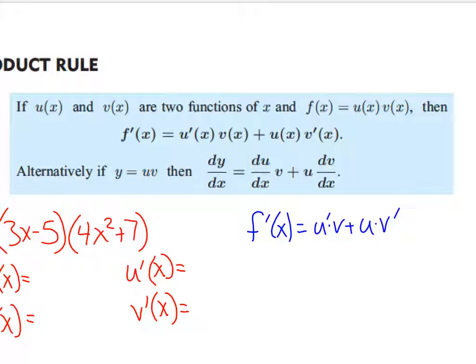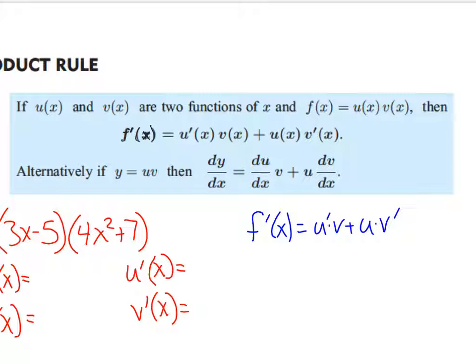And what this is saying is that the derivative of f, so f prime of x, is u prime of x times v of x plus u of x times v prime of x.